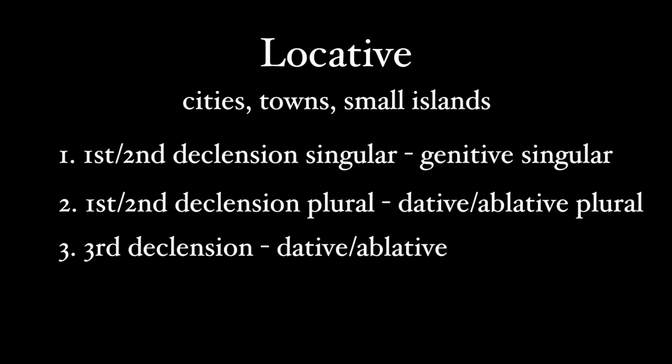Third declension nouns have their locative identical to the dative or ablative. So Carthago is a third declension noun, and at Carthage, its locative, is typically Carthagini, but Carthagine, an ablative form, is also used.